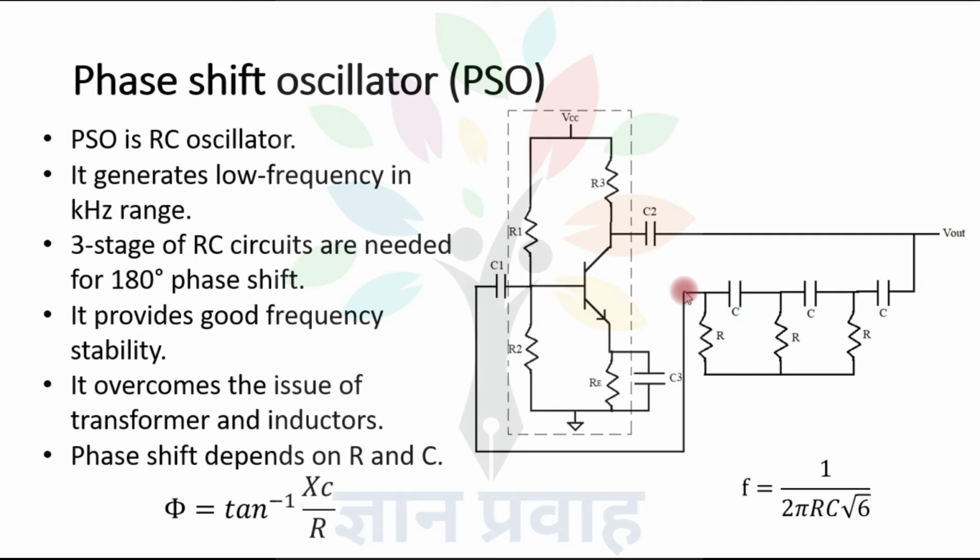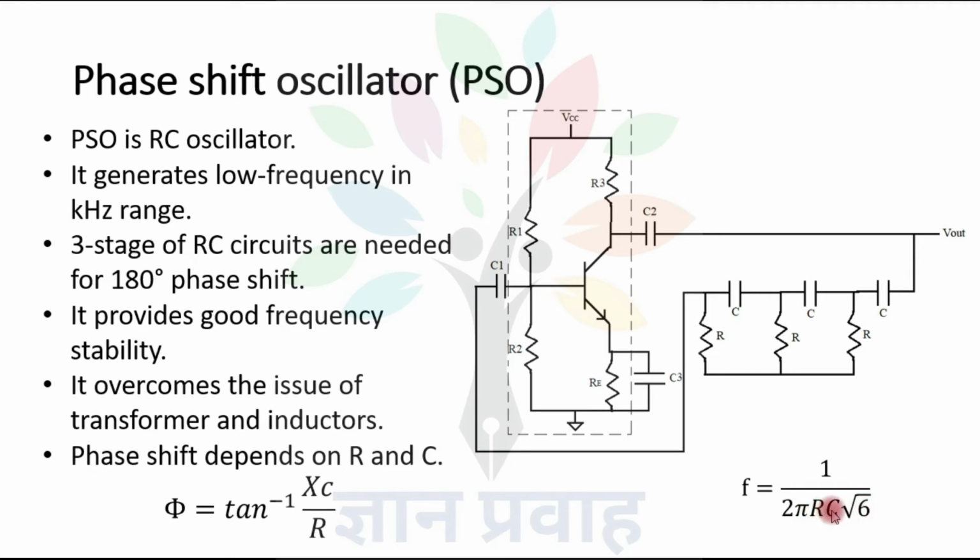It also overcomes the issue of transformers and inductors which are used in LC oscillators, and the frequency of oscillation is 1 upon 2 pi RC root 6.